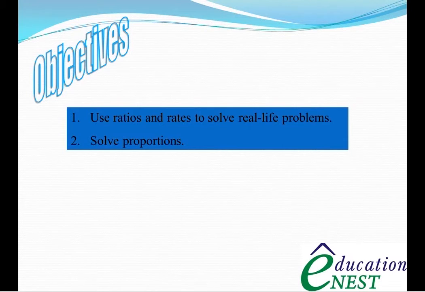Let's look at this module which helps us with the basic concepts of ratio and proportion. We use ratio and rates to solve our real life problems, and also solve proportions, which is the objective of this module.